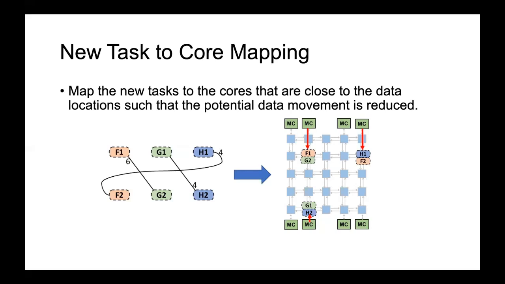We try to map this new task to the core that is close to that memory controller. But note that since our approach is compiler guided and compiler based, it is not guaranteed to achieve the optimal data movement when we do this new task to core mapping, because during execution, the data might be cached and served from other places based on the coherence protocol.